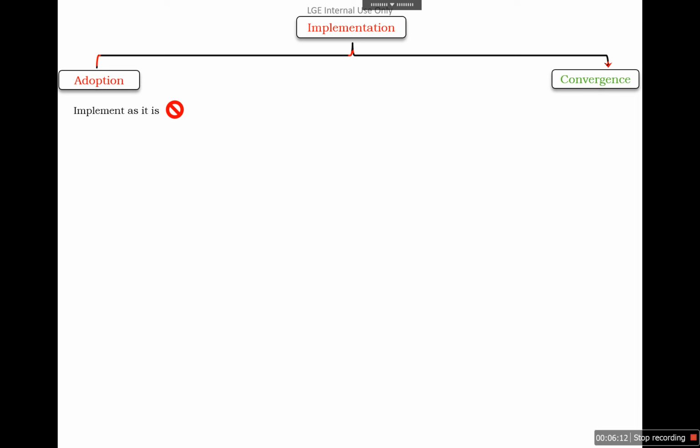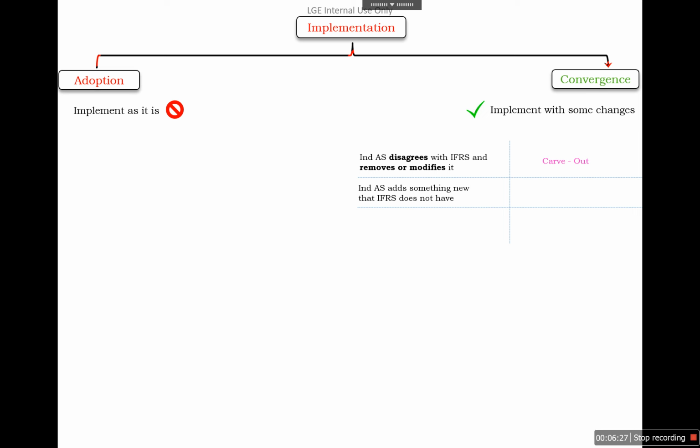Convergence means implementation of global standards with some changes. So if India disagrees with the IFRS and removes or modifies it, it is called carve out. And if India adds something new that IFRS does not have, it is called carve in.